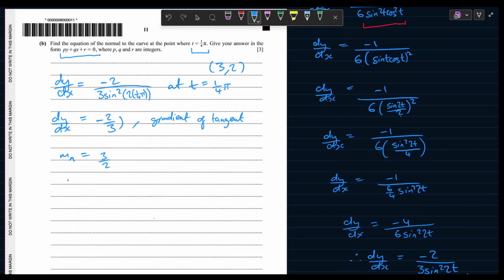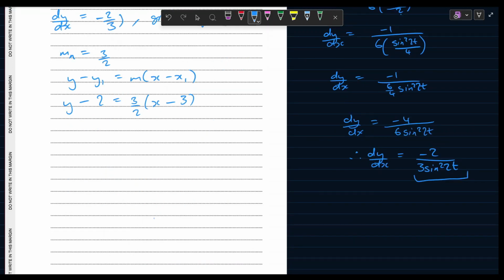Okay, let's use point slope form. So y minus y1 is equal to m times x minus x1. So y minus 2 is equal to m, which is 3 over 2, times x minus x1, which is 3. And now let's multiply both sides by 2. So you're going to get 2y minus 4 is equal to 3x minus 9.